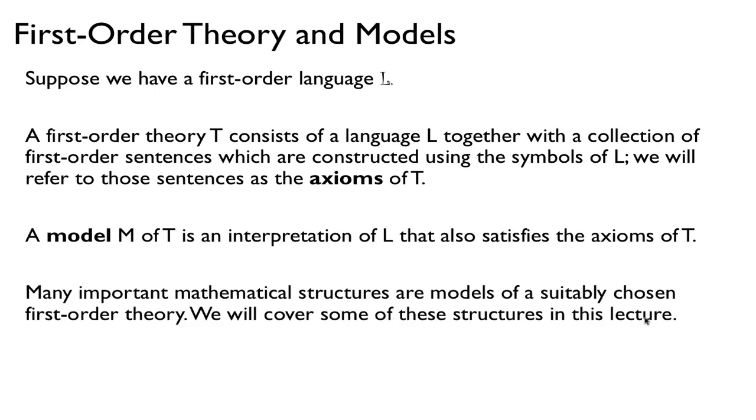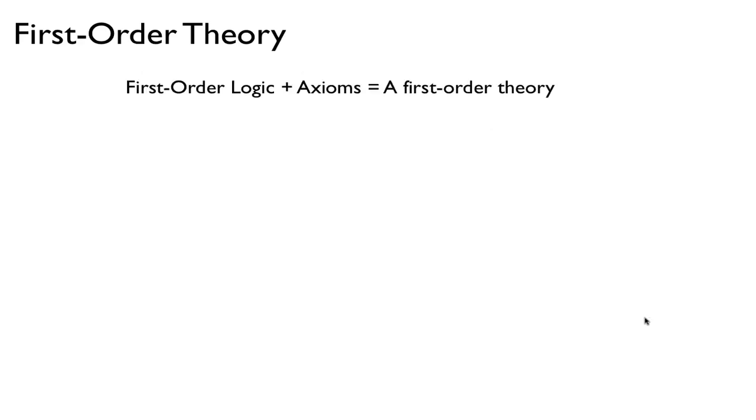There are actually many important mathematical structures that are models of some chosen first-order theory. We're going to cover some of these structures in this lecture. Again, a first-order theory is basically first-order logic, which we've been talking about the last few lectures, and then we add some axioms on top of it.